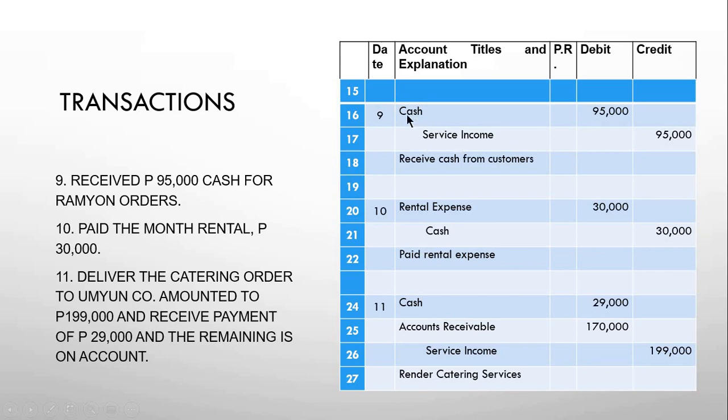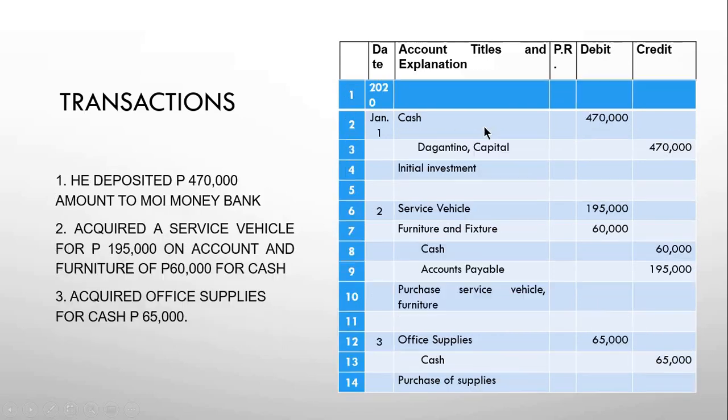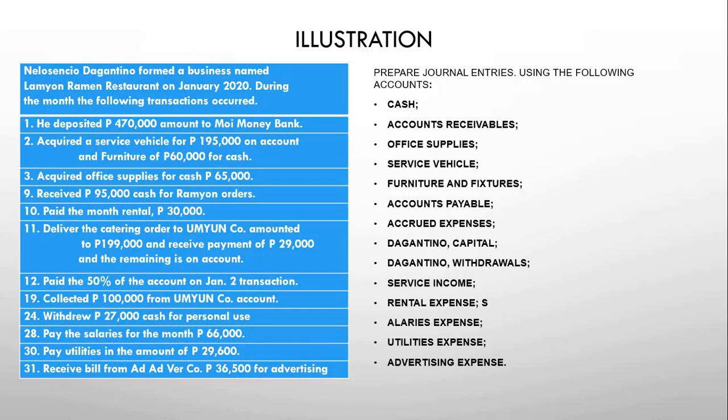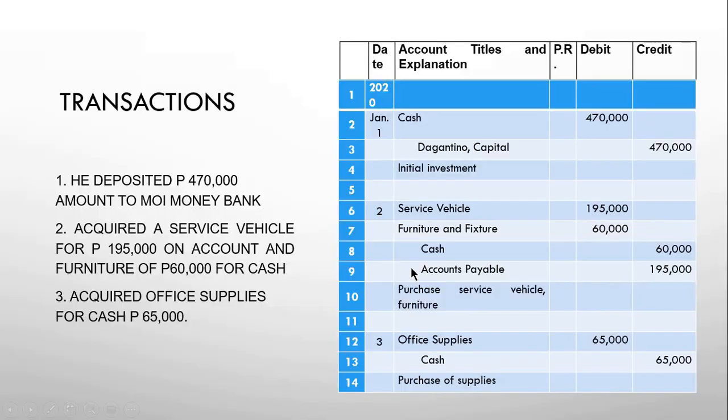Ayan. So, syempre, yung cash na receive niya is payment for orders of ramyun. Okay? So, syempre, yung orders na yon, that is income kasi that's sales, no? And based on the account titles dito, okay, balikan lang natin. Yung gamitin daw natin is service income for sales, no? Ayan. So, service income din yung ginamit natin dito.